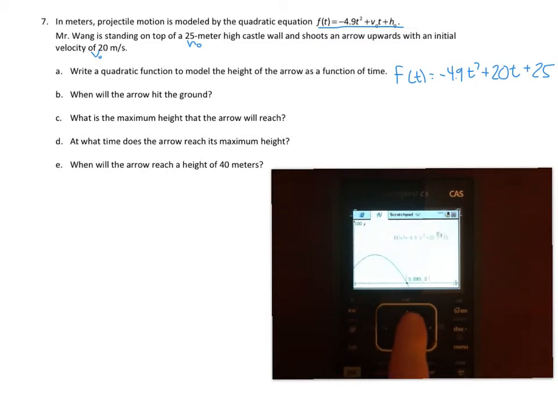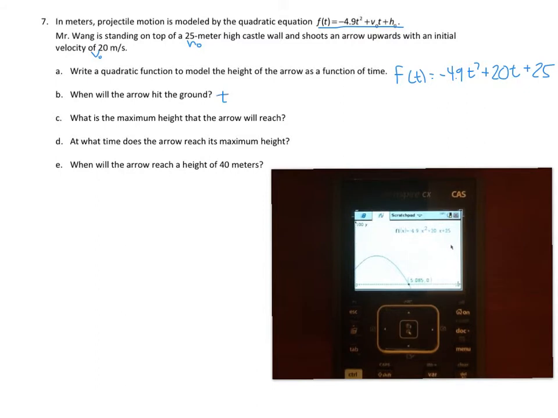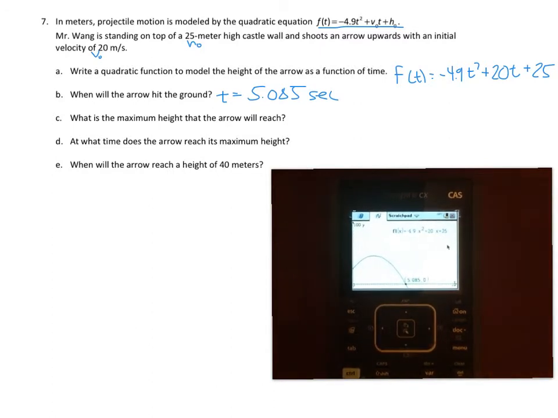I'll move it way up here. And so about 5.085 seconds is when the arrow will hit the ground. So when time equals 5.085 seconds.